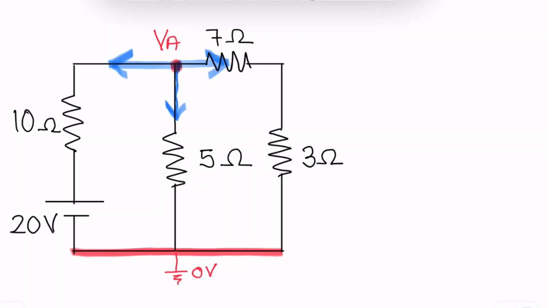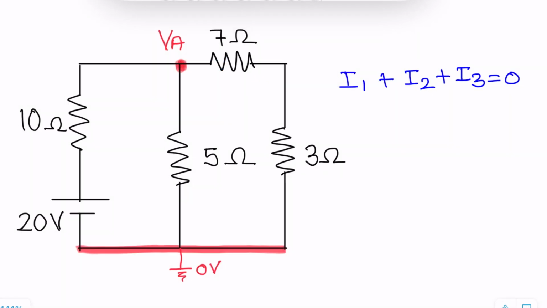My equation will be I1 plus I2 plus I3 equals to 0. Now let us take these currents one by one. So I1 is the current which starts at VA and it ends at 0 volt.